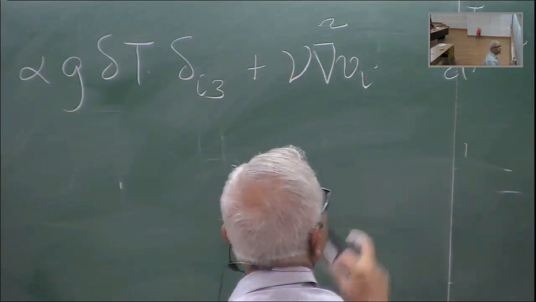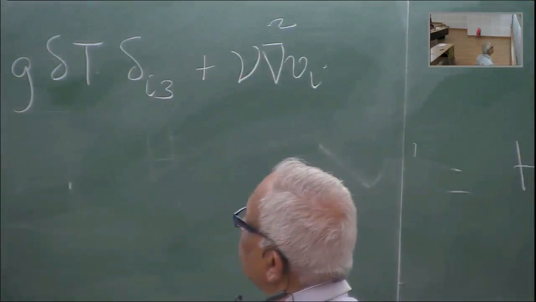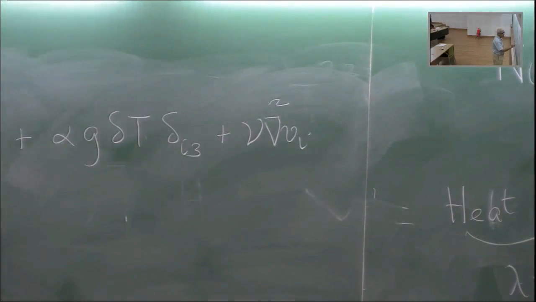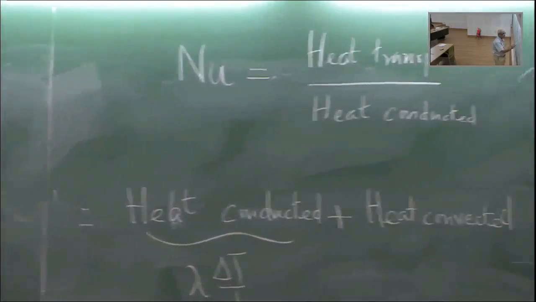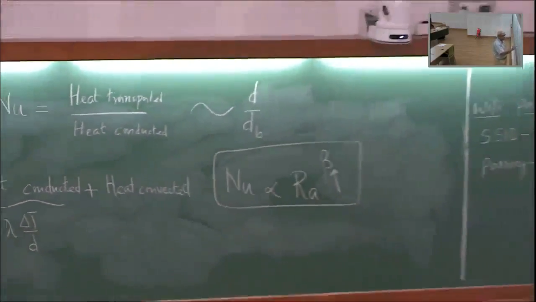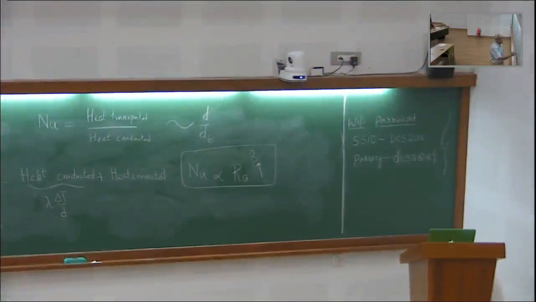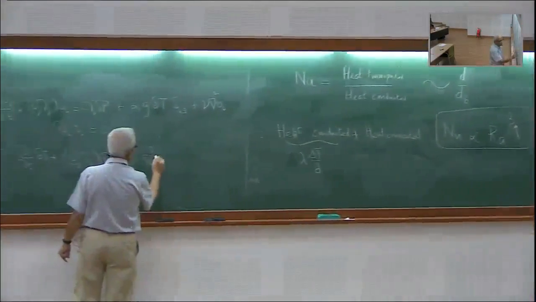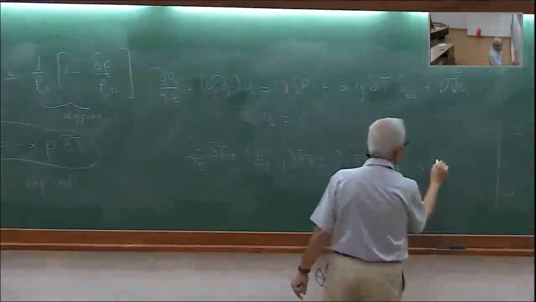So that is what this equation should look like. Del_i V_i is equal to 0, and lastly, del delta T by del t plus V_j del_j delta T is lambda del squared delta T plus W delta T.